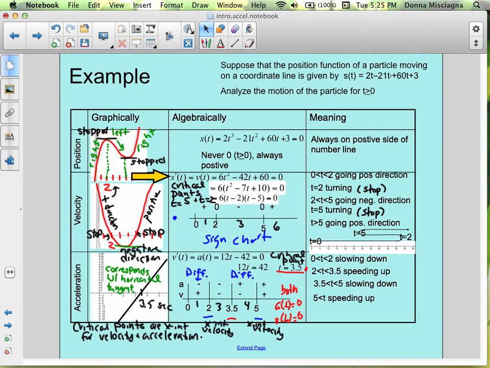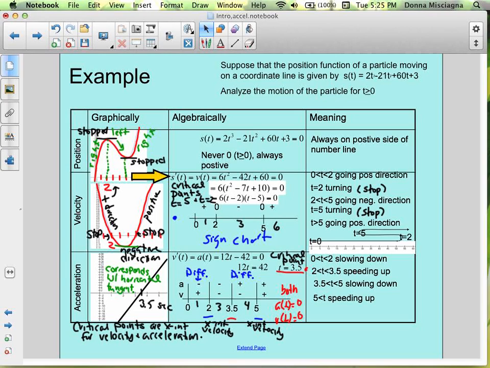Now we can use our tool of solving, and this is factorable. First of all, we can factor out a greatest common factor of 6. Then t squared minus 7t plus 10 multiplies to give us 10 and adds to give us negative 7, which is negative 2 and negative 5. So this has two solutions, two critical points.